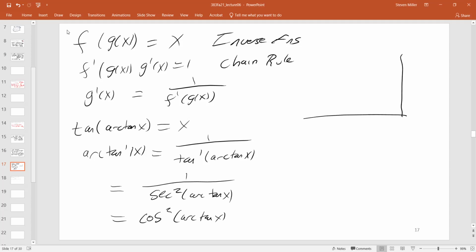So let's draw what's going on. I want an angle whose tangent is x. Well, here's my angle. Let's make that x. Let's make that 1. That's the triangle that will have an angle whose tangent is x. What's the hypotenuse of this triangle?